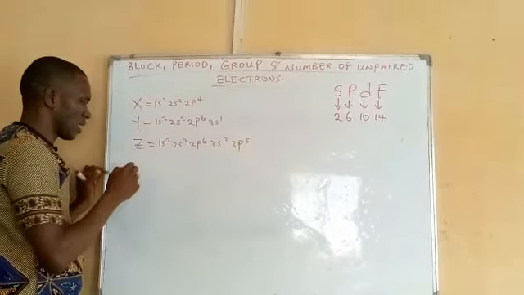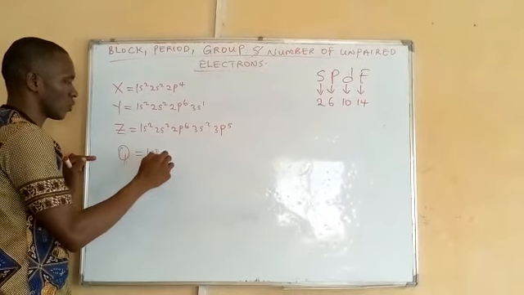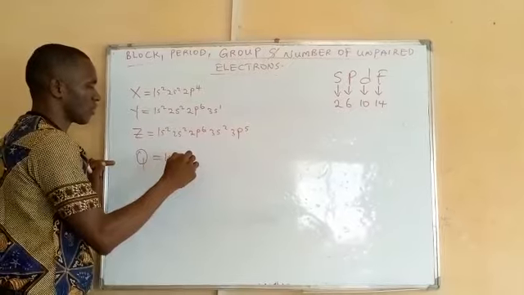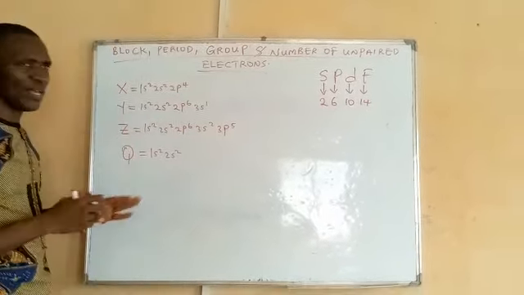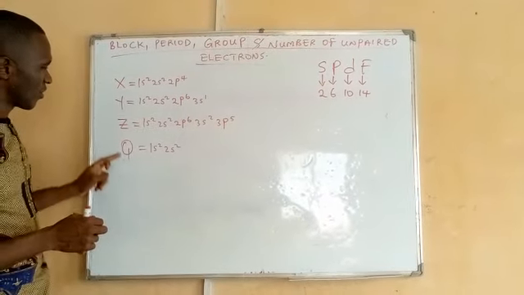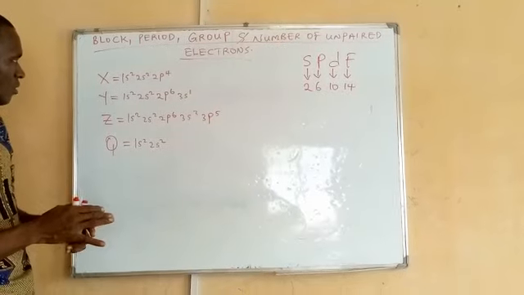Let me also add an element Q. Just add that one: 1s2, 2s2. An element X, Y, Z, Q has the following electronic configuration.